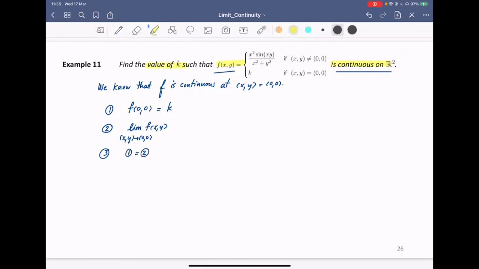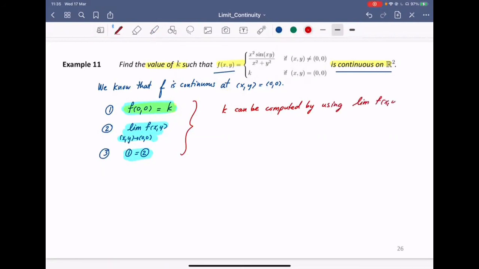So you have that 1, f(0, 0) equals k, you have the limit here, and 1 equals 2. That means k can be computed by using the limit.